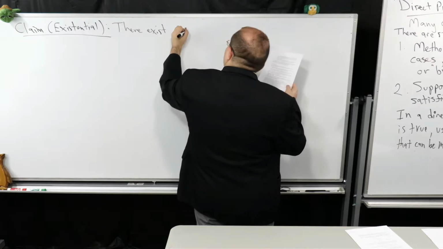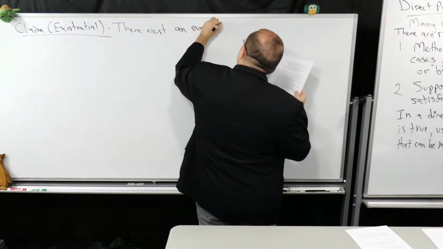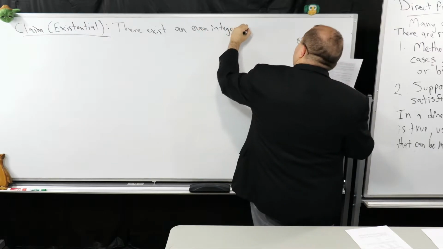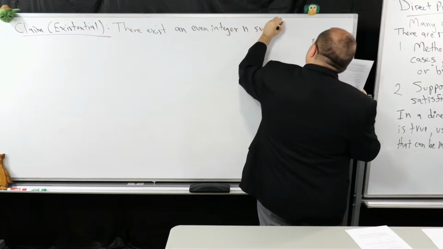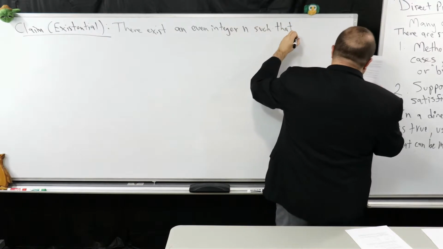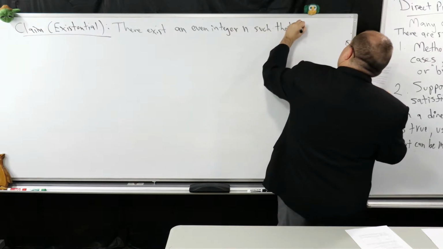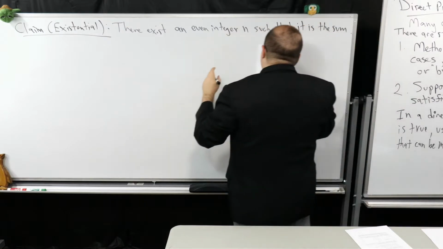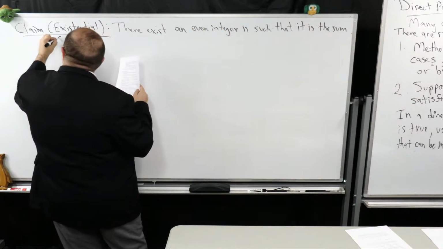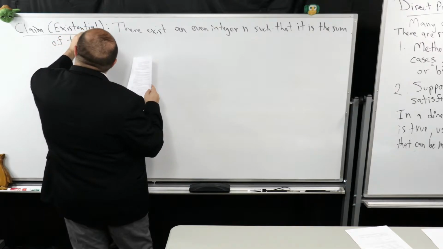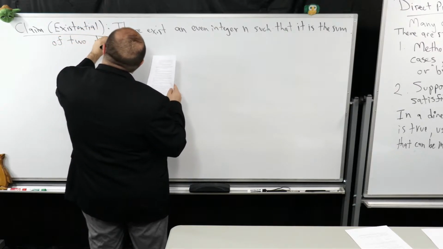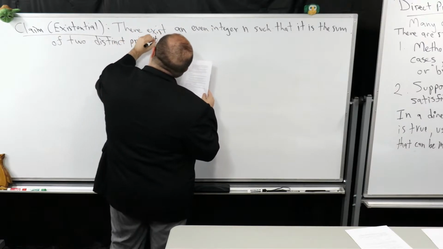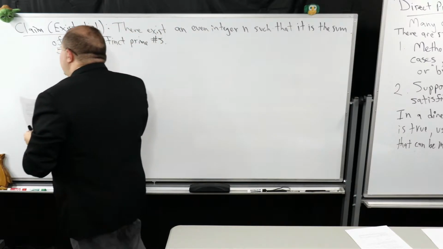There exists an even integer n such that it is the sum of two distinct prime numbers.